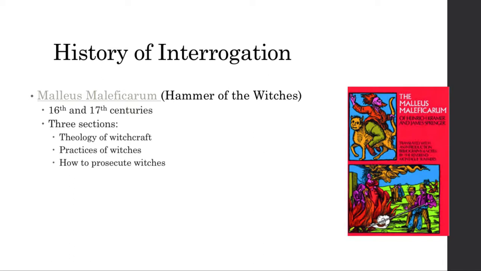So one way that they tested to see if a woman was a witch or not was if she could drown or die from being burned. If you put the woman in the river and she drowned, then she wasn't a witch. She was innocent, but of course she was not alive to enjoy that exoneration.